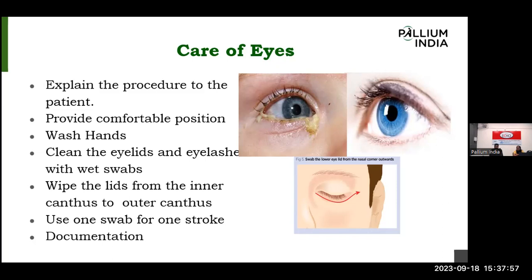Before they touch the eyes, they should wash their hands with soap and water. That is mandatory. Another important thing is which eye to clean first. If the patient has one eye infected, they have to clean the cleanest eye first, and then go to the infected eye. That is very, very important.